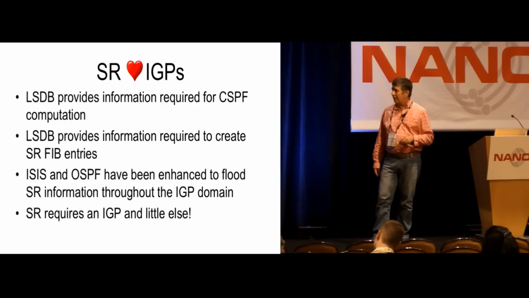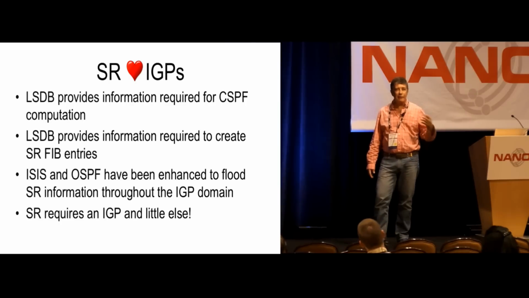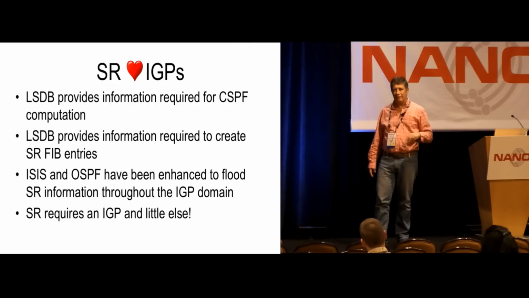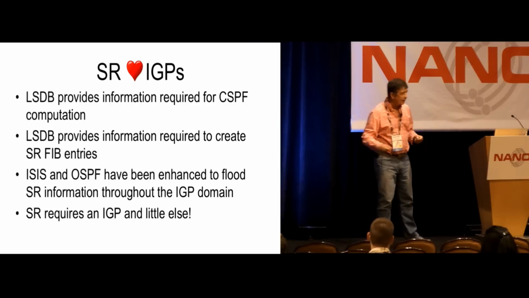ISIS and OSPF have both been enhanced to flood all this information. So SR requires an IGP and little else. It requires an IGP and a path computation module, be it distributed on the ingresses or on the central controller. But you don't need an LDP. You don't need an RSVP anymore.